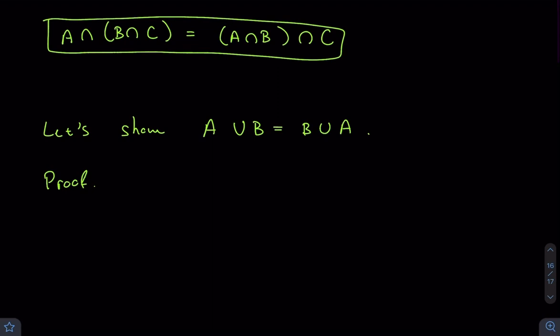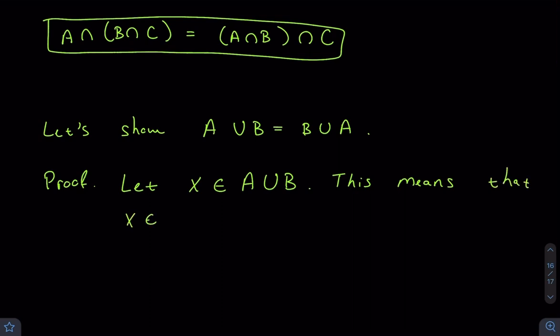Okay, let's try to outline this proof. So let's pick an arbitrary object, X, and let's say it's an element of A union B. Okay, well, what does this mean? For an object X to be in the union between A and B, it means that X is in A or X is in B, right?